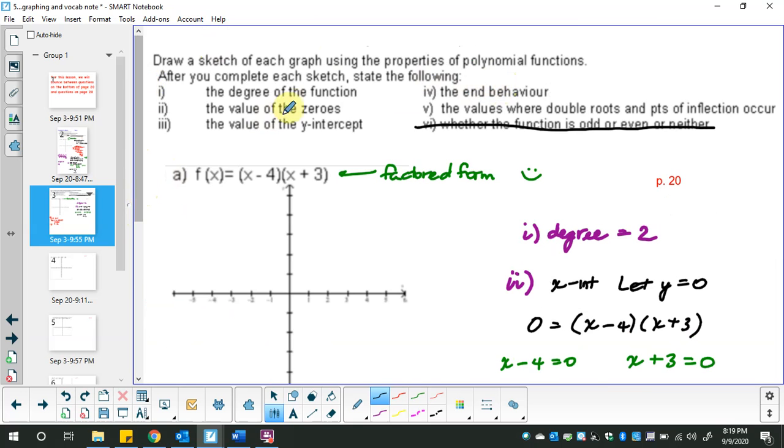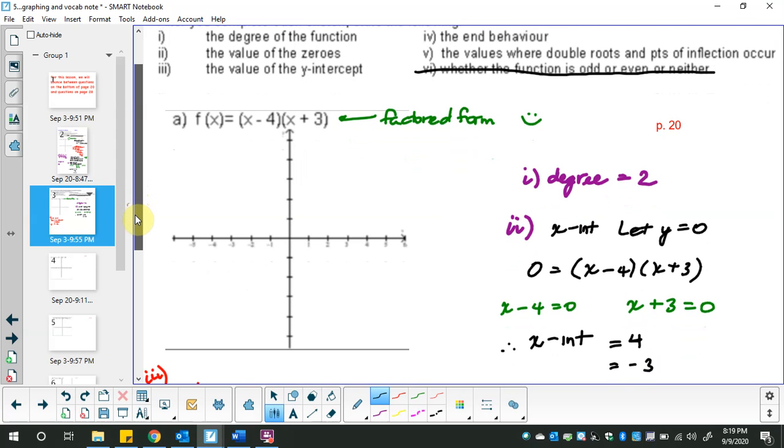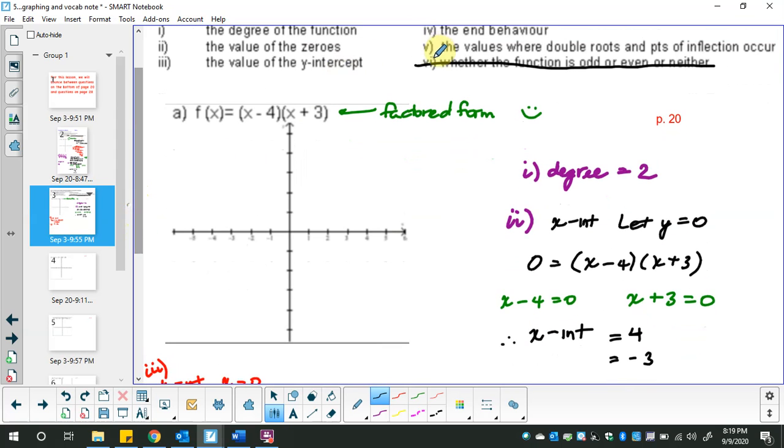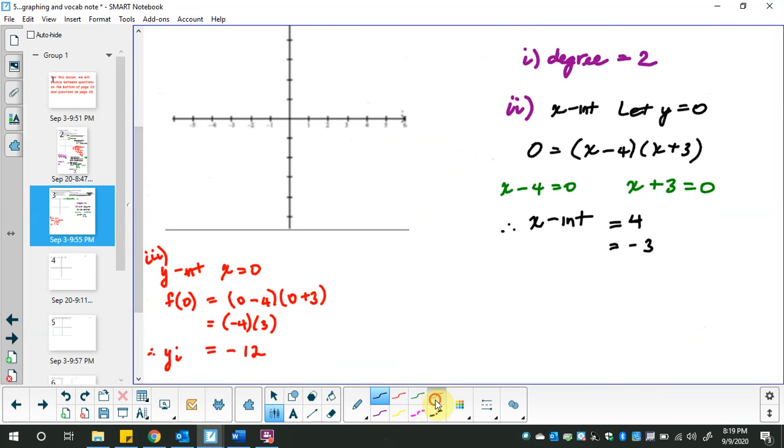I do want to tell you that because the zeros are also x-intercepts, they're also roots, I'm just going to tell you right away that the answer to 5 is that there's no double roots and no points of inflection, which I write as POIs because I'm super lazy.